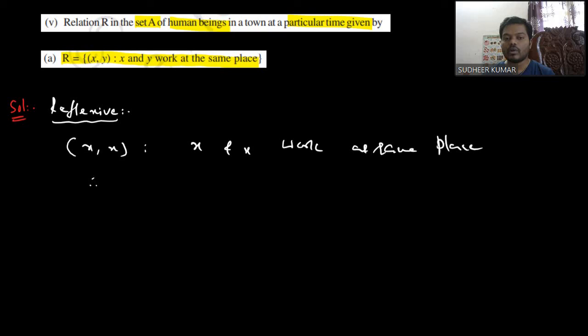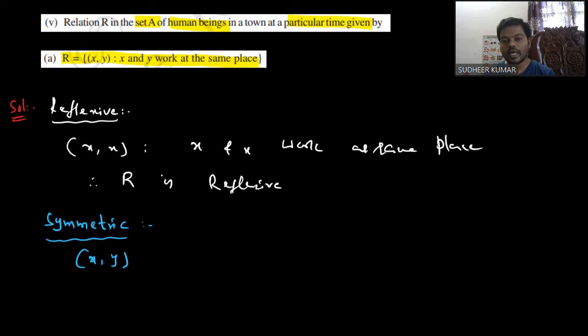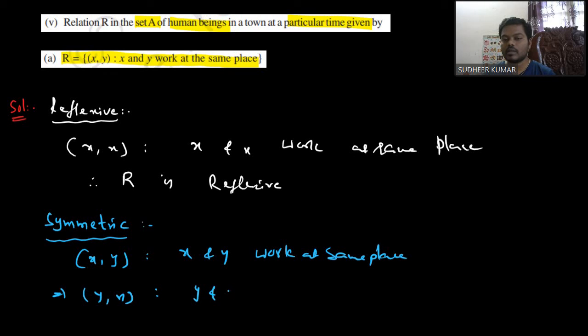Therefore, R is reflexive. Symmetry. Let us check xy. X and y work at the same place, then y and x also work at the same place. Therefore, R is symmetric.